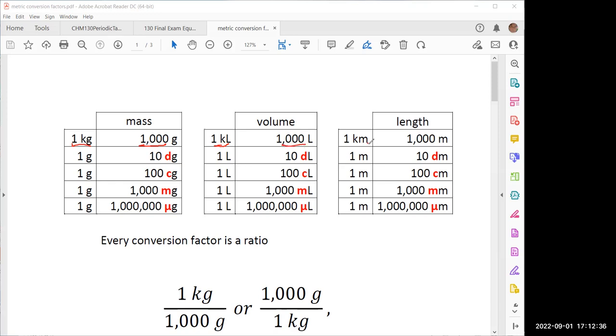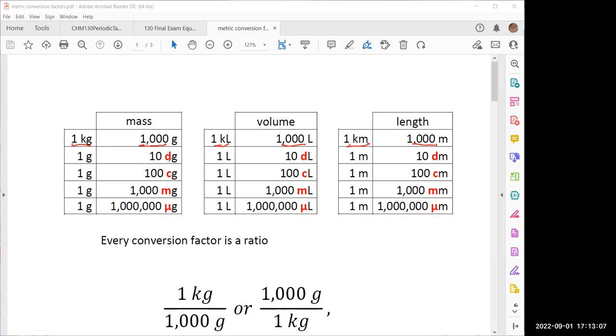And 1 kilometer consists of 1,000 meters. So the K represents a greater value with respect to the smaller units of grams, liters, and meters.